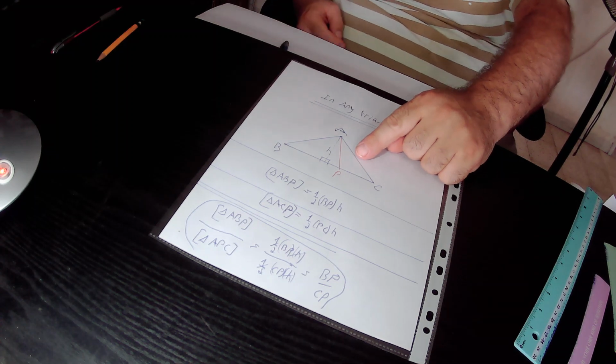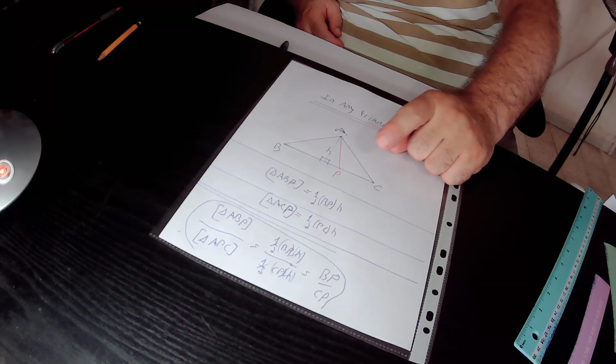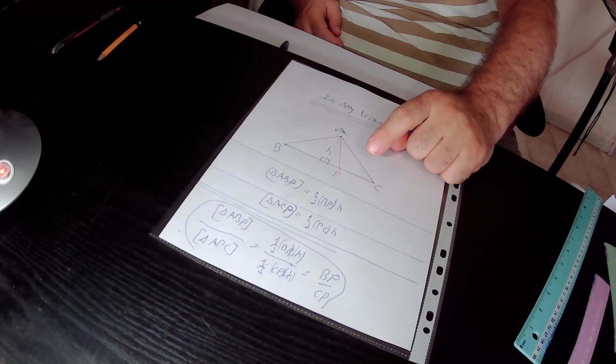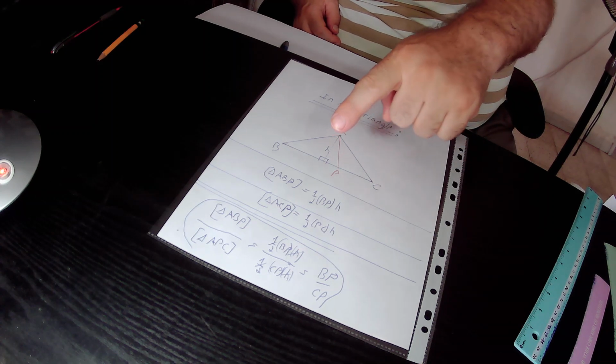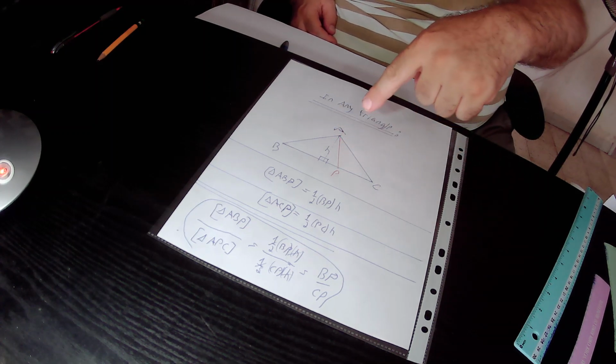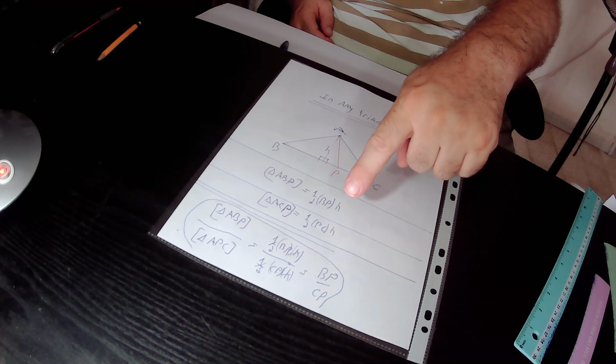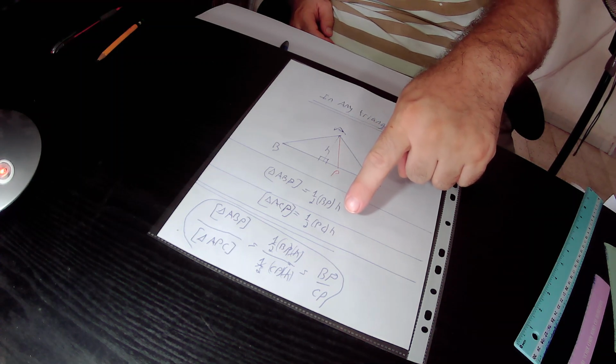Likewise, the area of triangle APC equals the base PC times the height edge over 2.